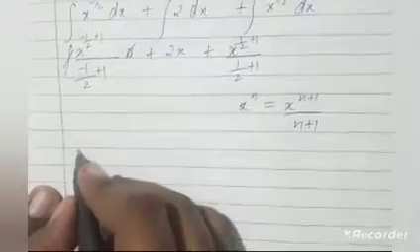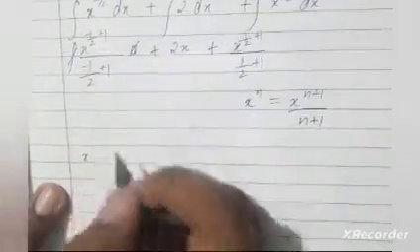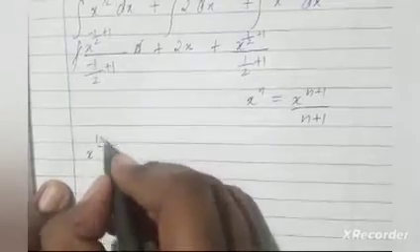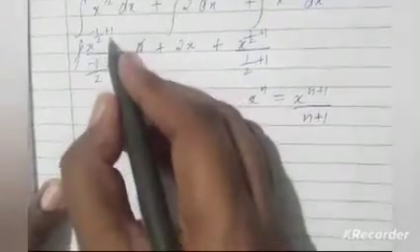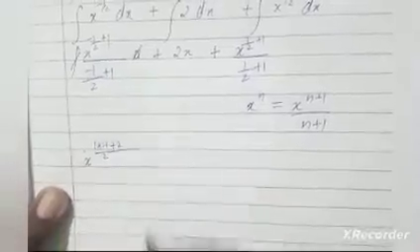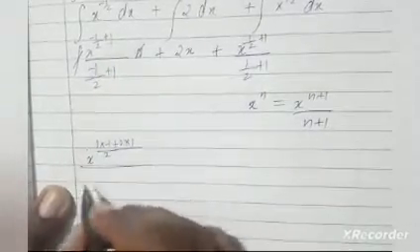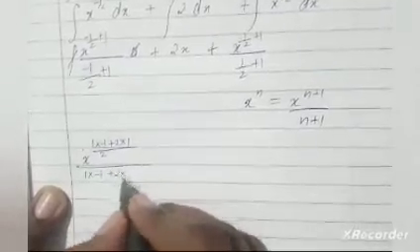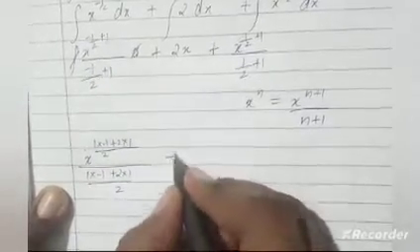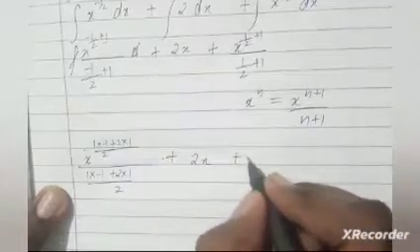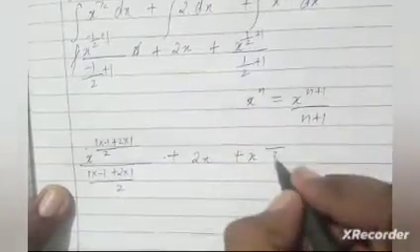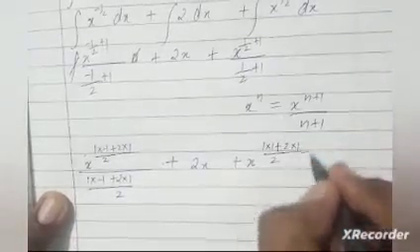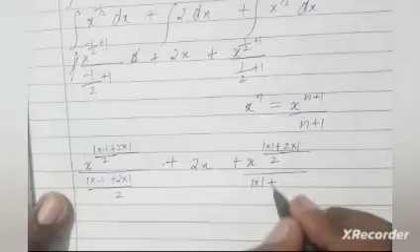Then x raised to, we have to take the LCM, 2: 1 2s are 2 into minus 1 plus 1, 2s are 2 into 1, same in the denominator. Then plus 2x plus x. Now we have to take LCM again, 2 plus 1, 2s are 2 into 1, same in the denominator.